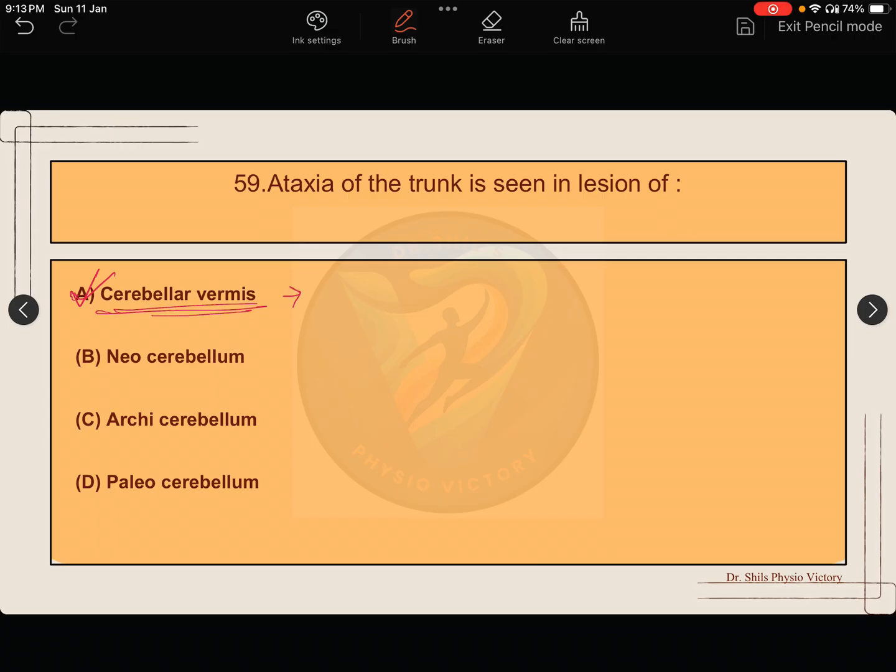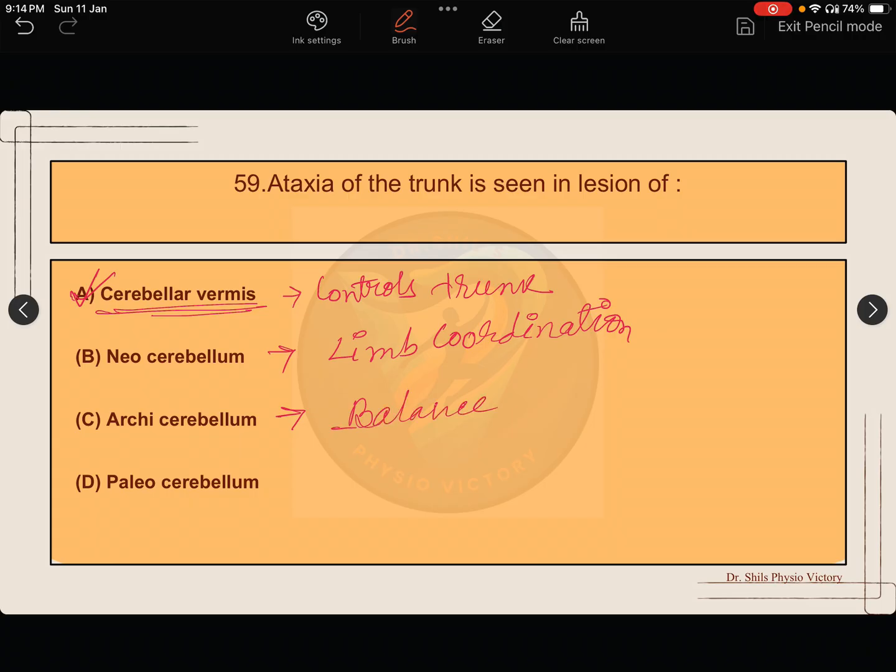Cerebellar vermis basically controls trunk, neocerebellum controls limb coordination, archicerebellum controls balance, paliocerebellum controls muscle tone. Archicerebellum is also called the vestibulocerebellum.